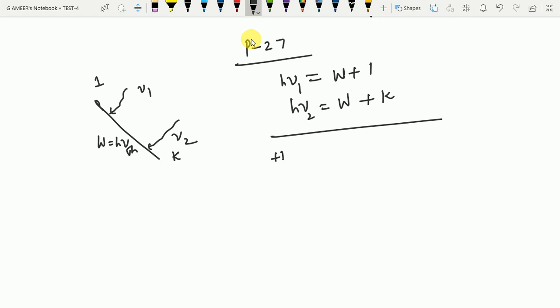We can add or we can subtract. They are asking for the threshold frequency. I'm sorry, here it is K1 and K2. So K1 is equal to 1, K2 is equal to K.